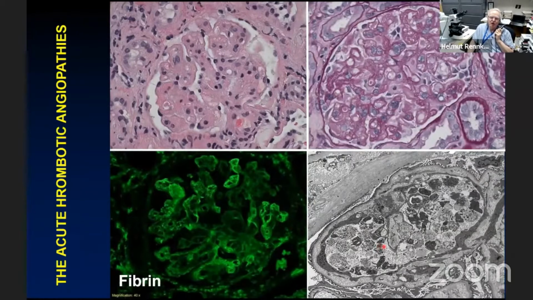And the electron microscopy is usually characterized by occlusion of the capillary lumen, by swollen cells, and by platelets. Many of them, like in this case, are actually partially degranulated. In addition to that, you can have damage of the podocytes, of course, and the most important aspect is the loss of differentiation of the endothelium, of fenestra.